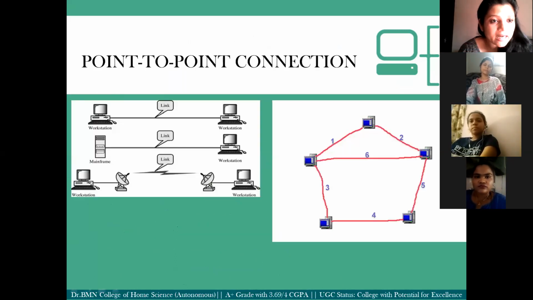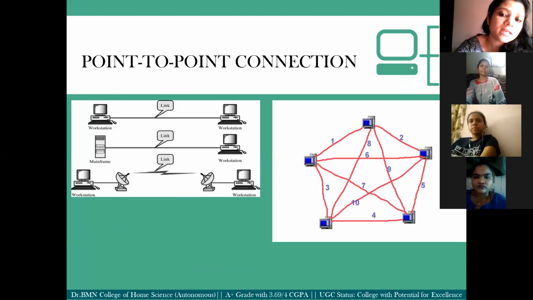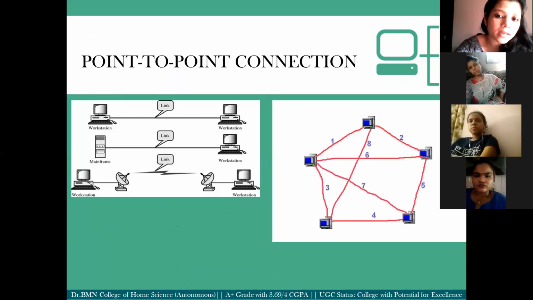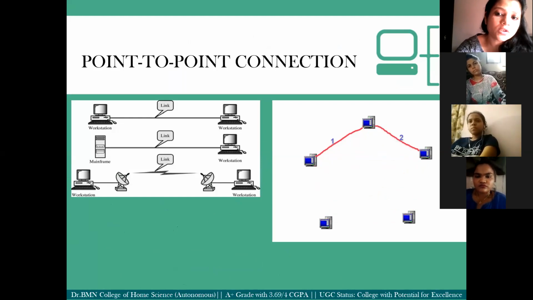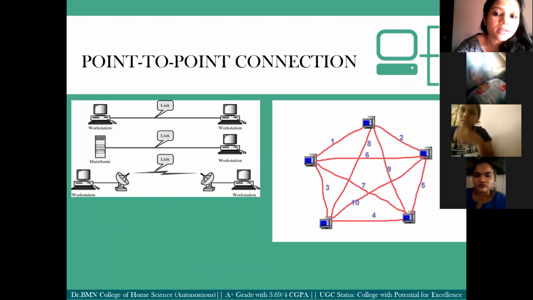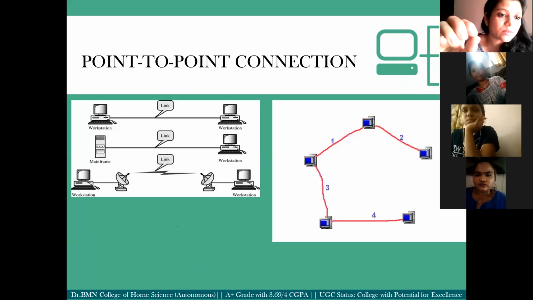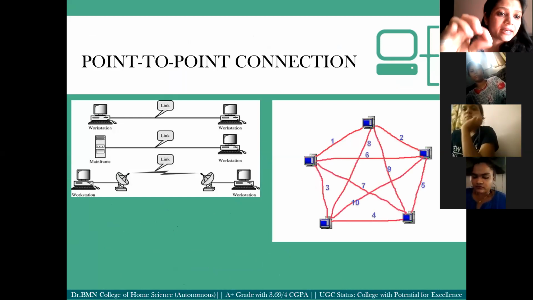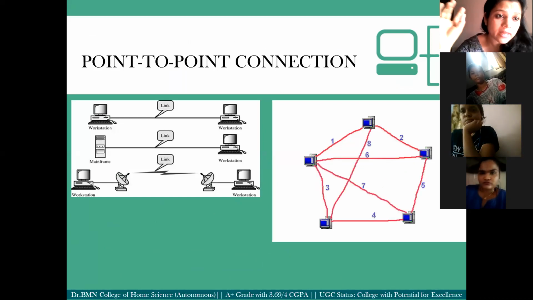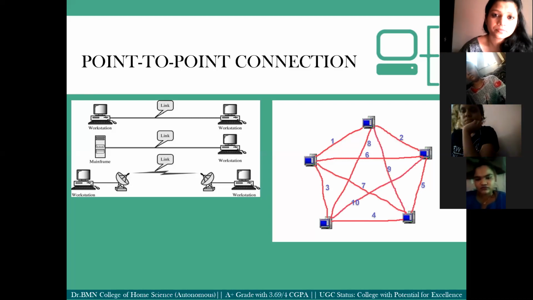Can you see line number 1 in the GIF? Line number 1 will carry data from these two machines only, which it is connecting. No other machine can transmit on this line. That is point to point connection, a dedicated channel for only those two machines. So there is only going to be a single transmitter and a single receiver.